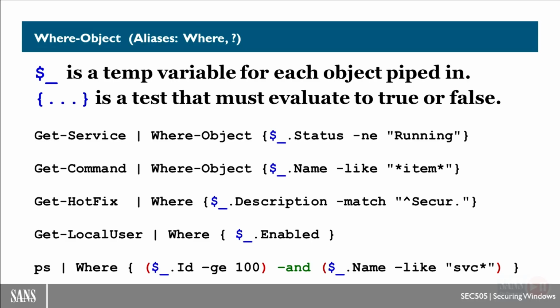Inside the squirrely braces, you have to have a test that outputs either true or false. And the test in this case is the -and in the middle. But we have subtests, so to speak, littler tests inside parentheses. And you can have parentheses inside of parentheses inside of parentheses and so on. So you could have a very precise, but also a very complex filter.